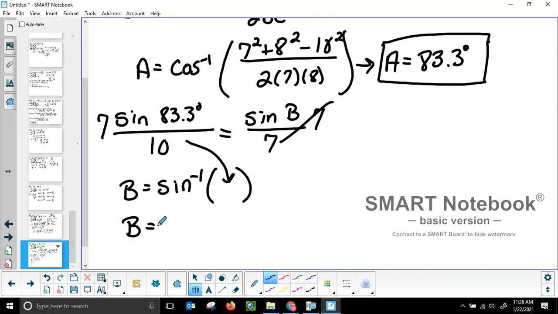So we will go ahead and plug that into our calculator, and we get 44.0.